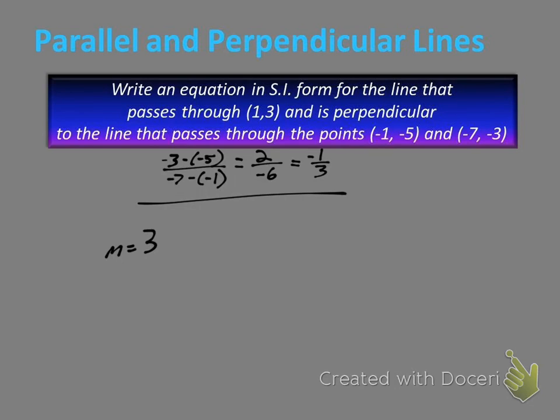Okay? And you're going to partner it up with the point that passes through your line, which is 1, 3. There's your M, there's your X, there's your Y. Solve for B. So 3 equals 3 times 1 plus b. 3 equals 3 plus b.